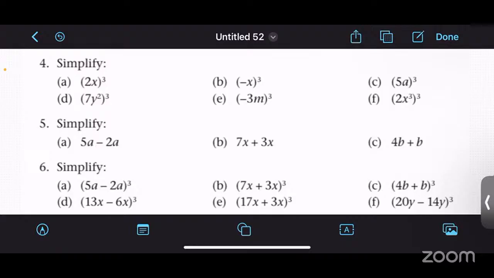Let's start with A. How are we going to simplify this? 2x in brackets to the power of 3. Ma'am, we're going to multiply the 3 inside the brackets.